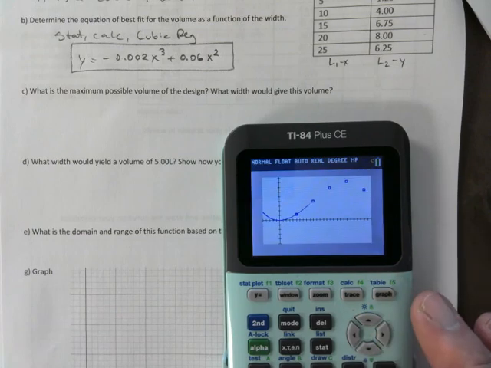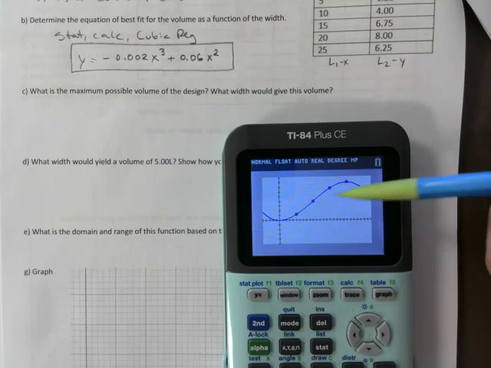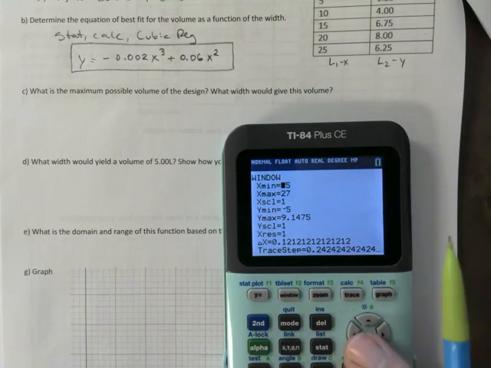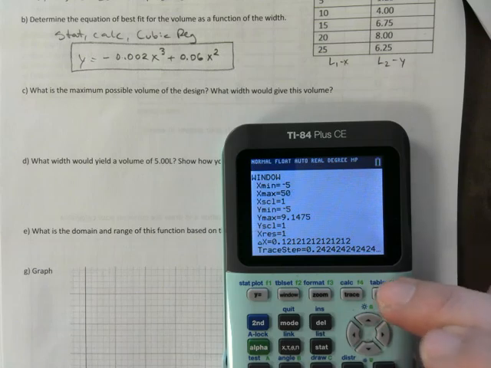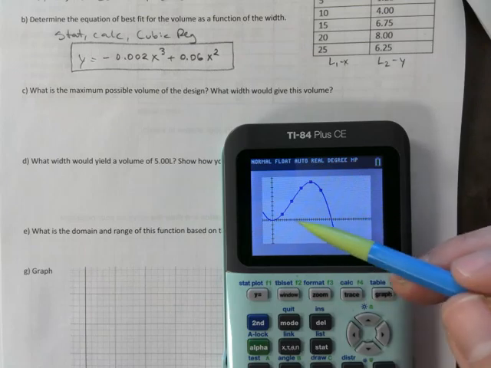Hit graph one more time. So now you see more of the cubic piece here. I would encourage you to keep chasing the curve to the right here. So I'm going to go to my window and change the x max to, let's say, 50. Okay, so there you have it.